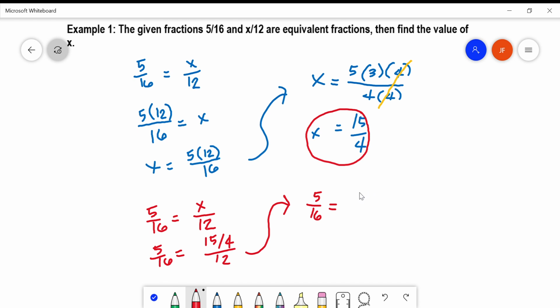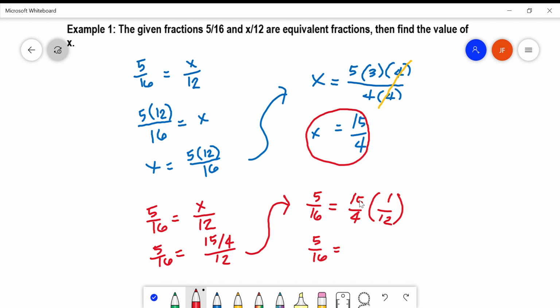So meaning the 15 over 4 will be multiplied to the reciprocal of the denominator, which is 12. The reciprocal of 12 is 1 over 12. Okay, 1 over 12. So the equation will look like this. So 15 times 1, that is.